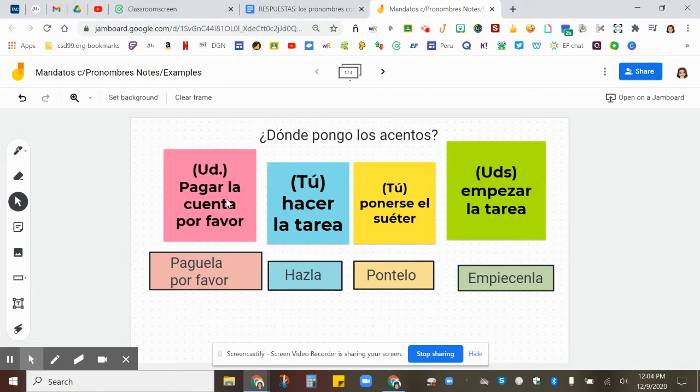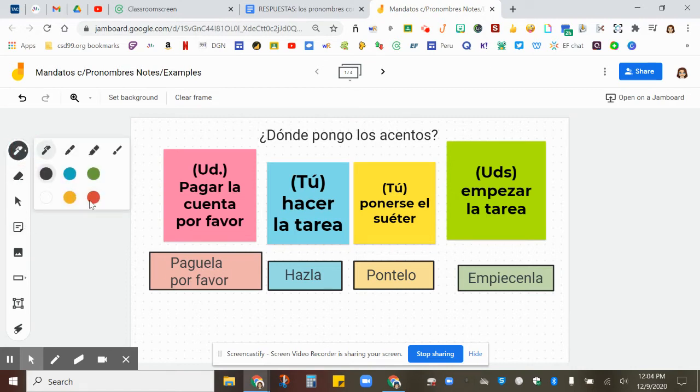I take la and I attach it to the end of my conjugated verb. You should see here, pague, that's my yo drop swap. It's a gar verb. I attach my pronoun to the end, but now I'm missing the third A. I've got my affirmative command, I've attached my pronoun, but I need my accent mark.